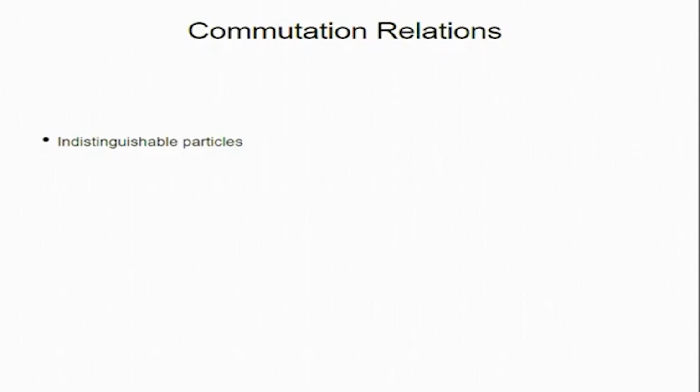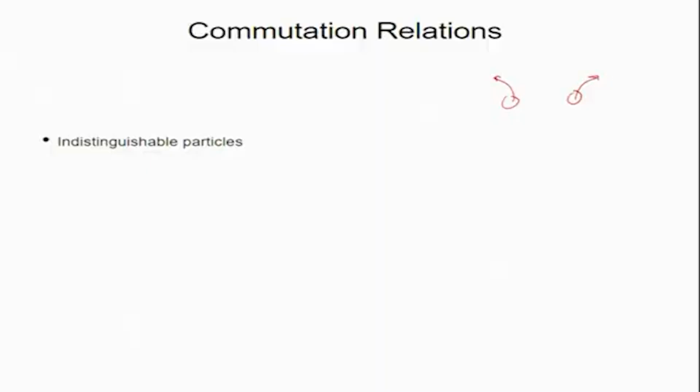They may look identical, say red balls, but we can distinguish them from the trajectory. The trajectory is well defined, so from the trajectory I can distinguish the particles. Classically, particles are well defined and distinguishable.